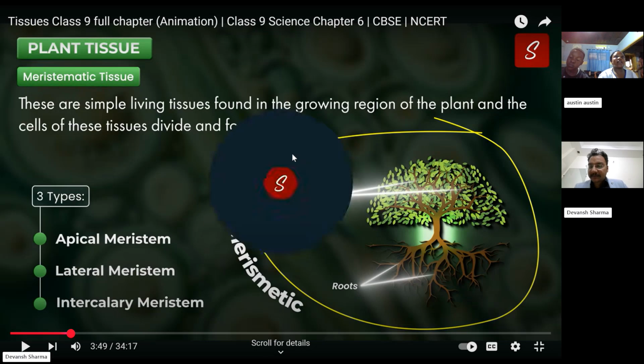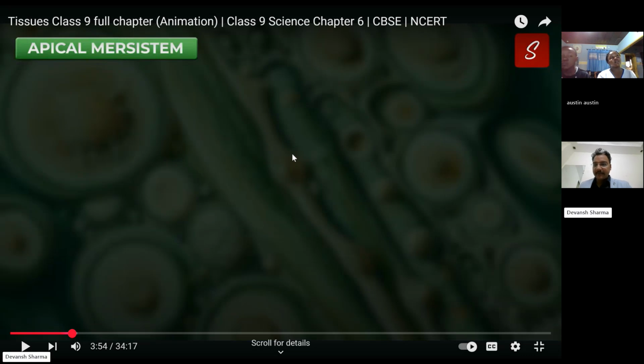Sir, meristematic tissue. Multiplication and division of cells is very rapid, it multiplies in 24 hours, and no bacteria can affect it. And what are the types of meristematic tissue?